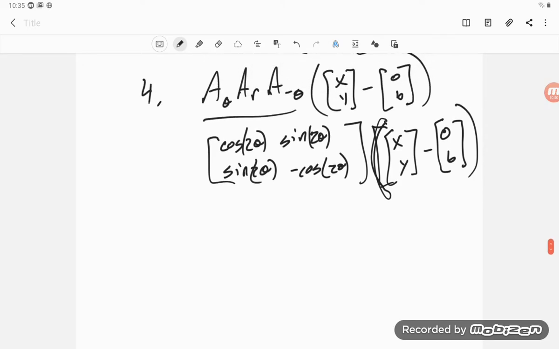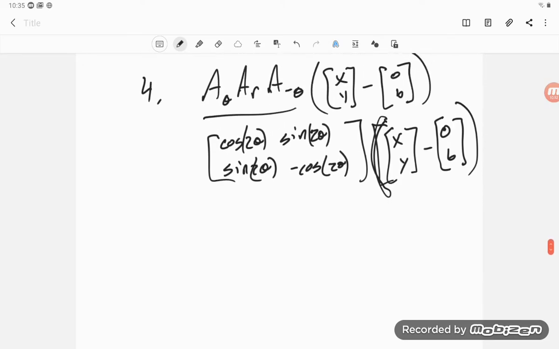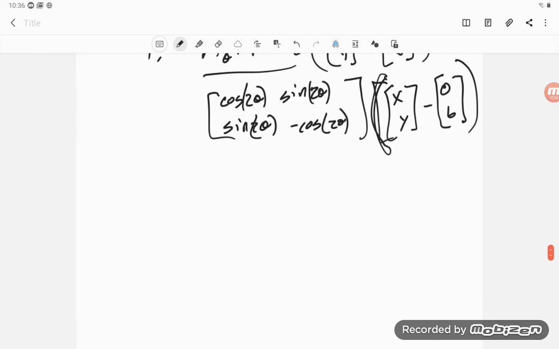And then, once I've done that, I just undo it by adding the b back. So I undo that translation.